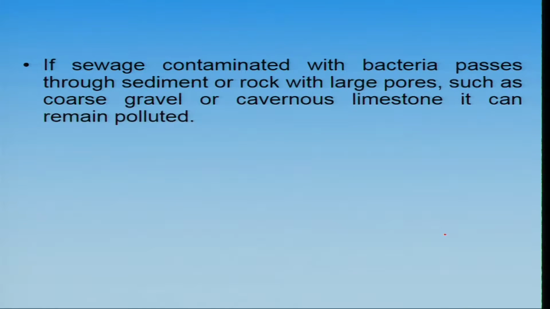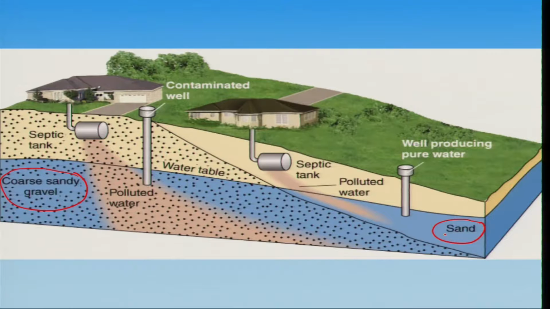So, if sewage contaminated with bacteria passes through sediments or rocks with large pore spaces, such as coarse gravel or limestone, which will have cavities, it remains polluted. Here, if you compare the coarse sandy gravel, it has large pore space as compared to what we see in sand.